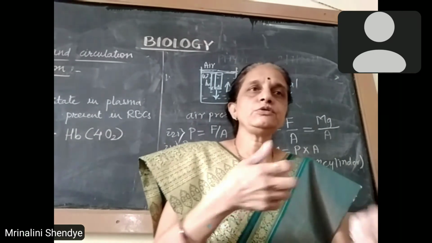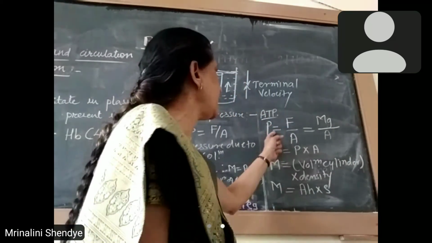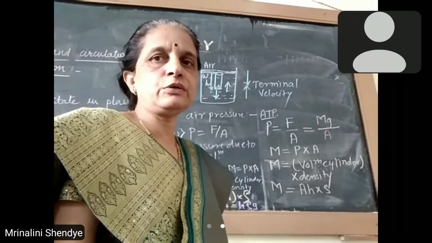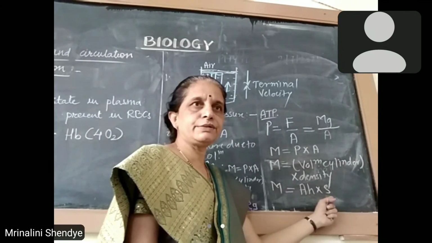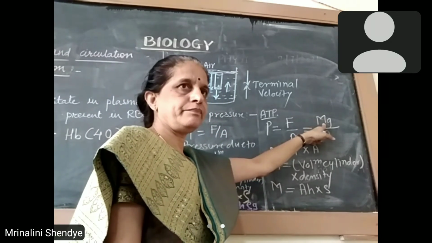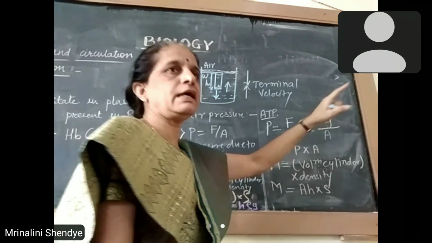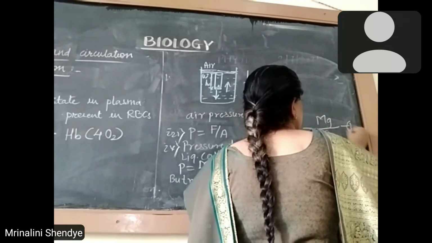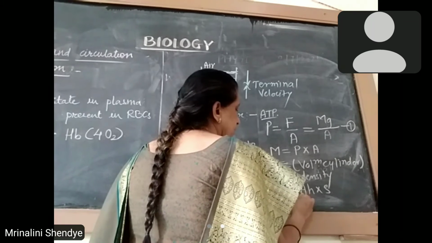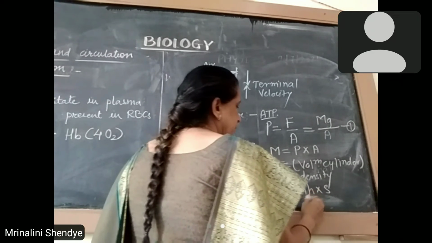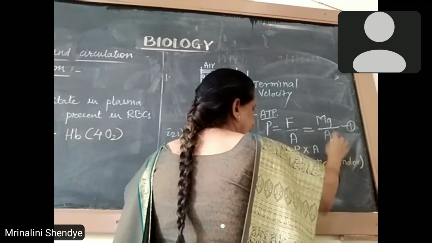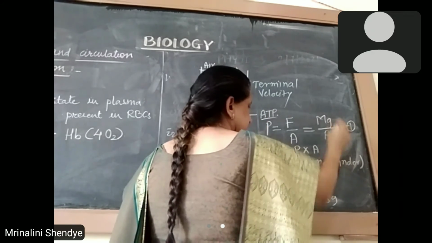We are going to find the pressure acting on that cylinder, and that is why, to find this equation, AH into rho, I am using the value of mg. I can write this as equation number 1. Using equation 1, M is equal to AH multiplied by rho, and g is as it is, divided by A.